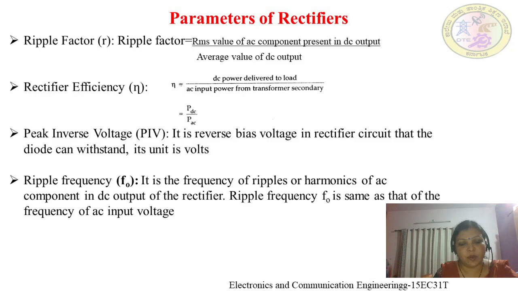This AC component present in the output of the rectifier is derived from the AC input, hence it has the same frequency as the AC input. It is represented by f naught. These are the four primary parameters of rectifiers, which play a very important role in the design and functionality of a rectifier.